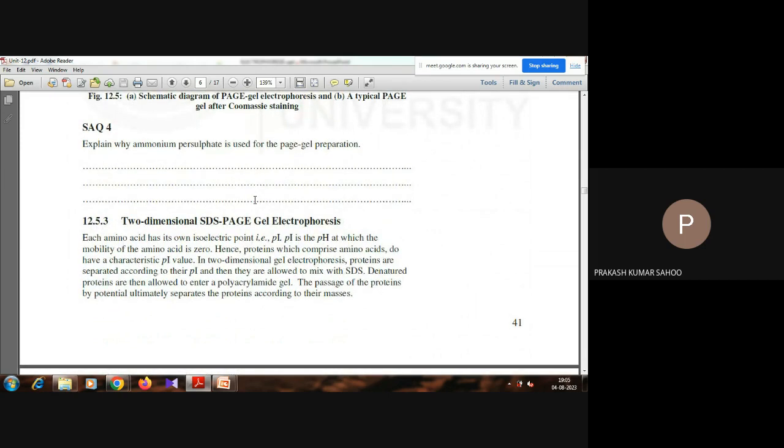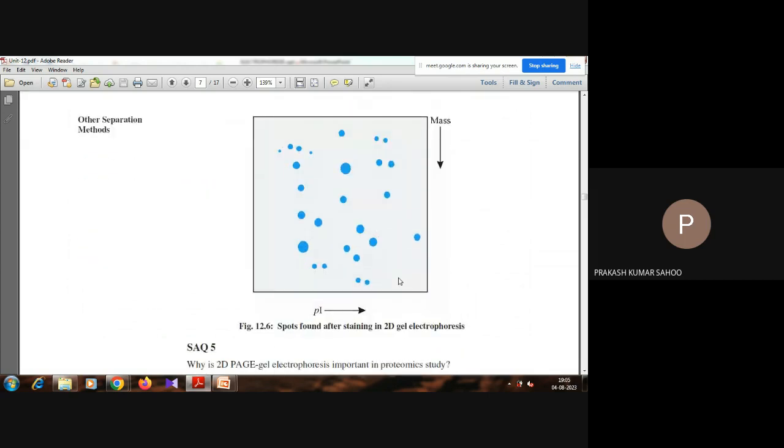Then we have two-dimensional SDS PAGE gel electrophoresis, that is, two-dimensional sodium dodecyl sulfate PAGE gel electrophoresis. Here, two-dimensional migration of the ions will be there.